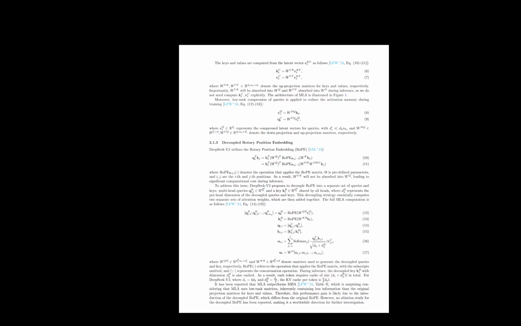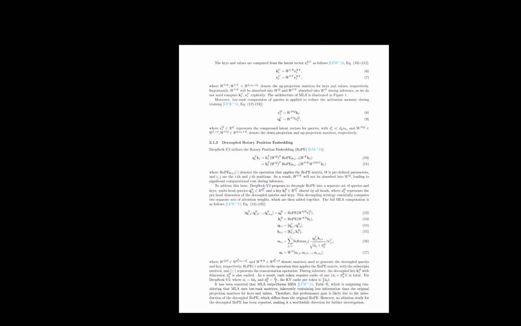To address this issue, DeepSeek-V2 proposes to decouple RoPE into a separate set of multi-head queries q^R_t,i ∈ R^(d_h^R) and a key k^R_t ∈ R^(d_h^R) shared by all heads, where d_h^R represents the per-head dimension of the decoupled queries and keys.